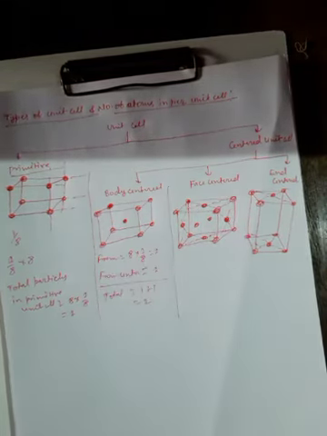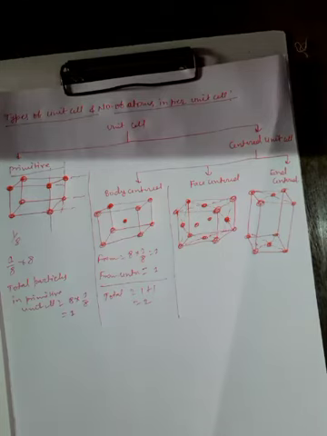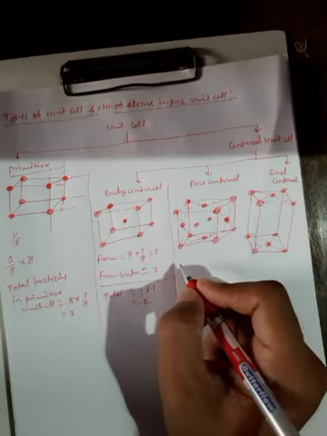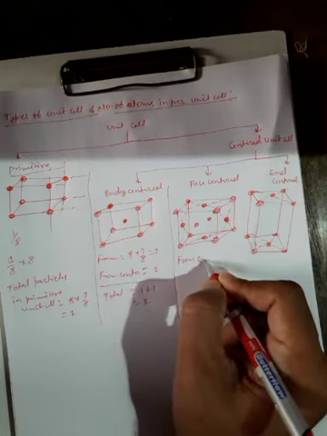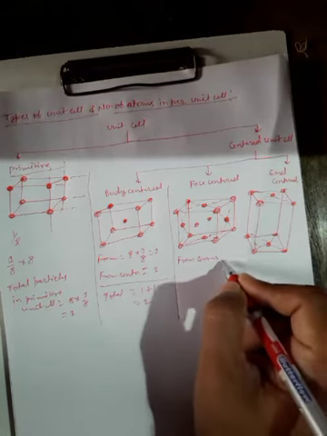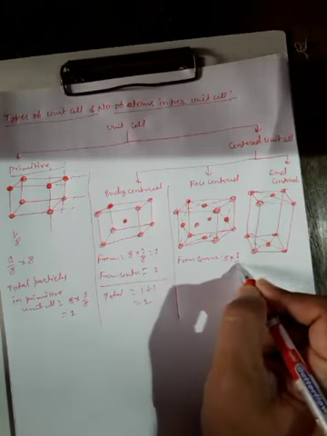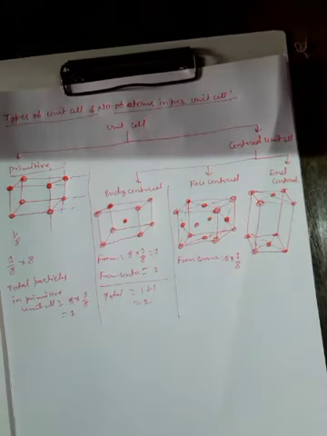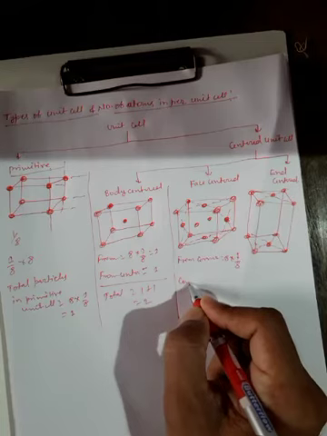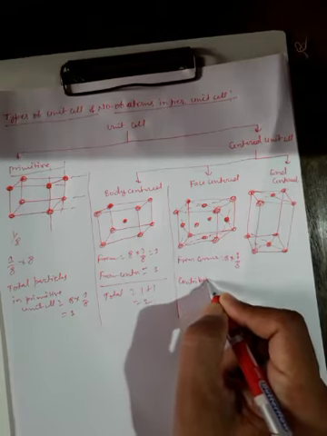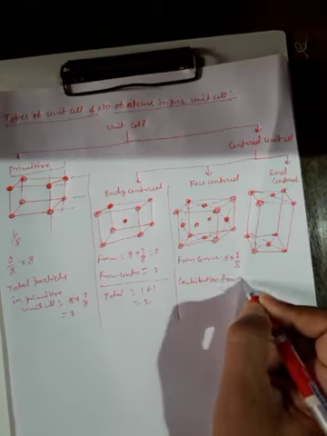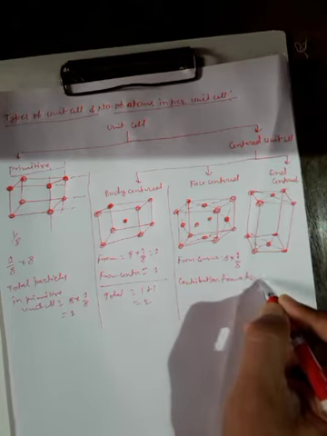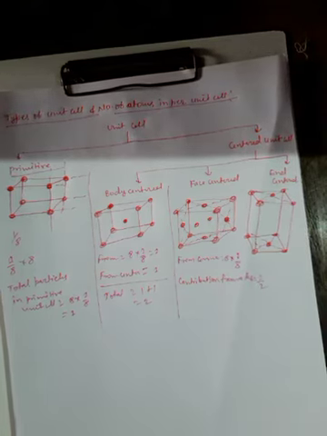In the face centered unit cell, the constituent particles are located at the corners. So the contribution from the corners will become 8 into 1/8. The contribution from a face is equal to 1/2.